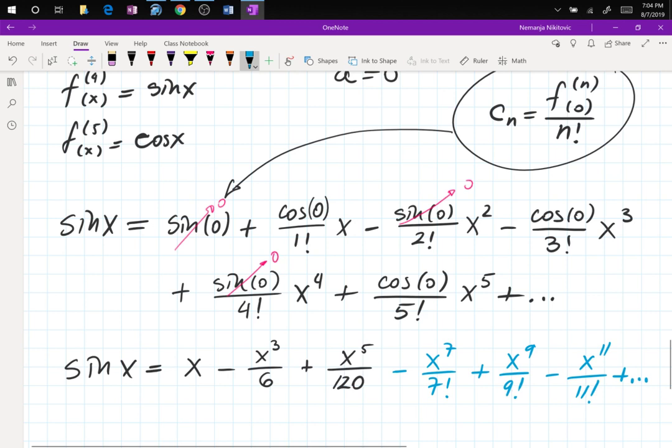What is the pattern? Increasing by 2? Odd. Do we all see odd exponents? 1, 3, 5, 7, 9, 11?